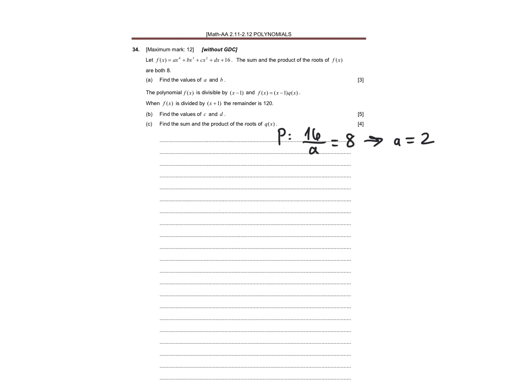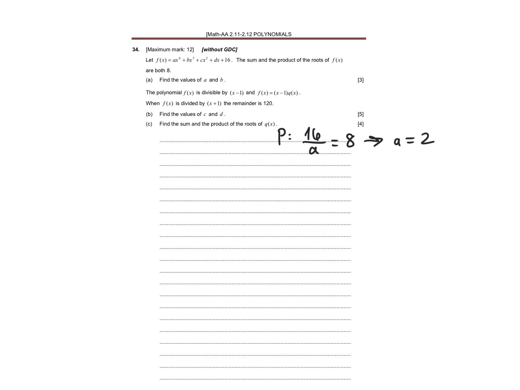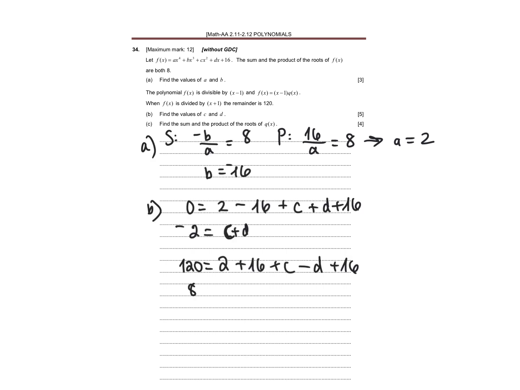So that's going to be a minus b, so plus 16, plus c minus d plus 16. So 32, 34, and 120 minus 34 is 86. And that's c minus d.